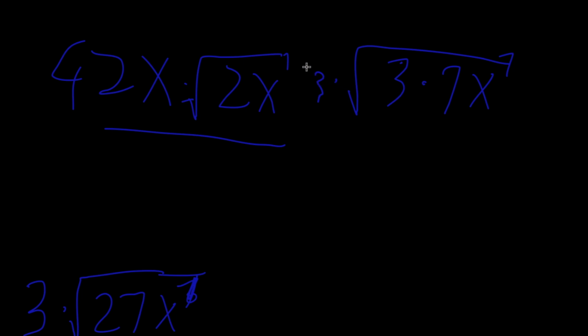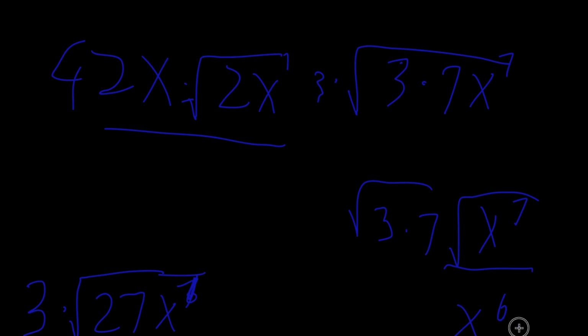So we can write this as the square root of 3 times 7, times x to the 7th, the square root of x to the 7th, and we can simplify this as x to the 6th times x. So we can put this under the radical, times 3 times 7. And that under the radical, and of course there's this lonely 3 out here.